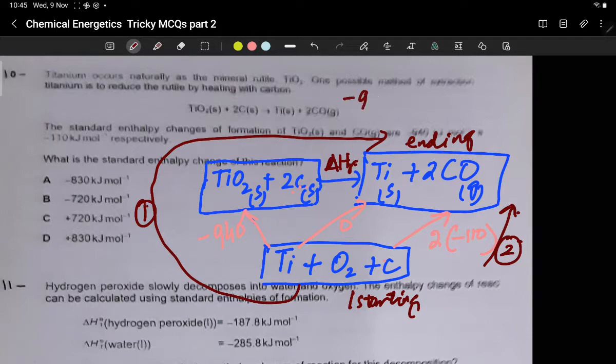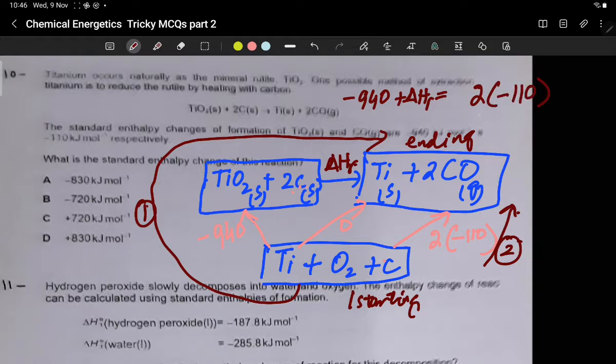Minus 940 plus delta HR is equal to 2 into minus 110.